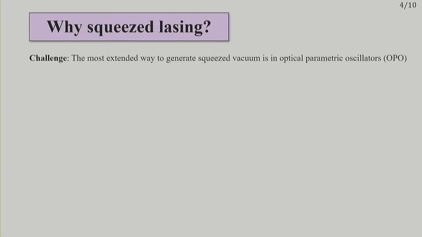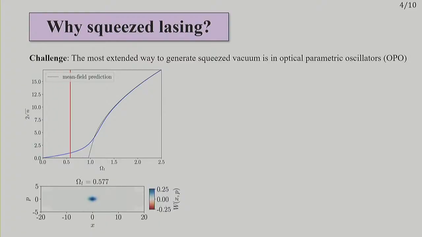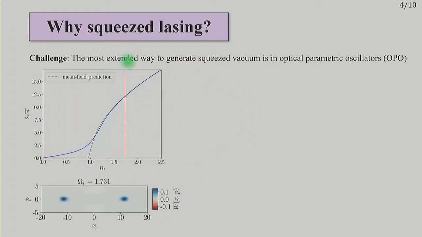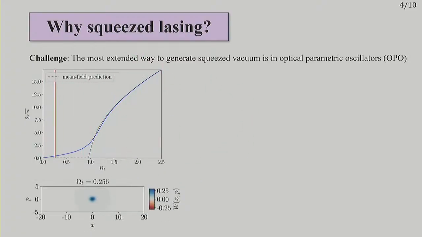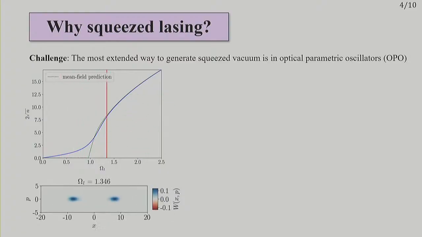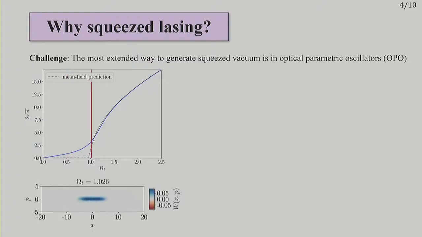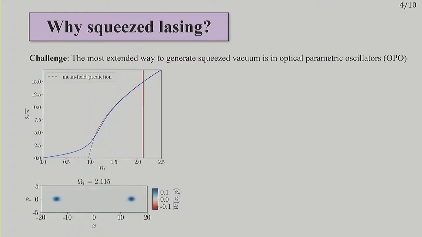Well, it turns out that a squeezed vacuum is normally prepared by using optical parametric oscillators, which also display a driven-dissipative phase transition very similar to the one of lasing, in which we also have a regime of stimulated emission. The problem is that we cannot benefit from the narrow band emission spectrum from this regime in this case, because as you see here in the animation, we just get squeezing below the threshold value, okay?